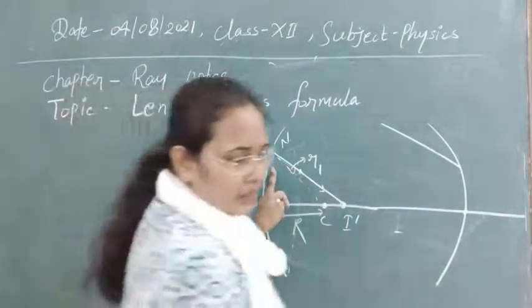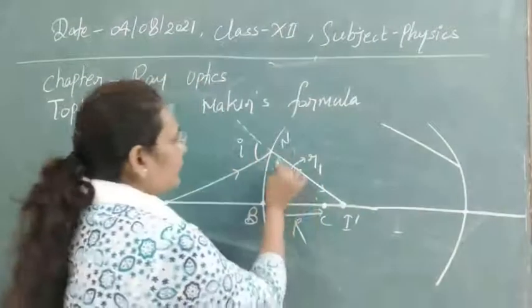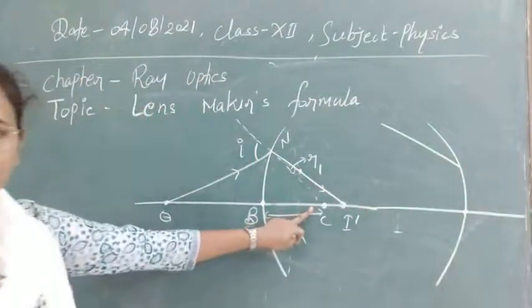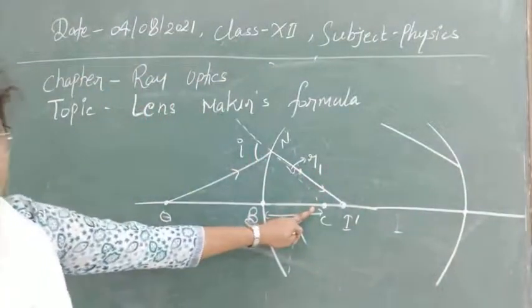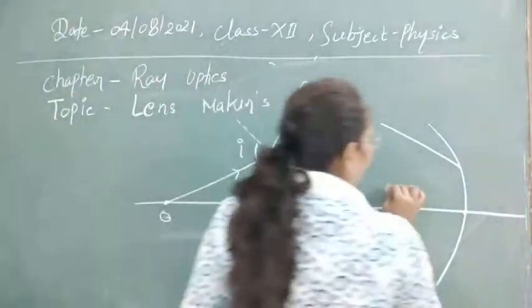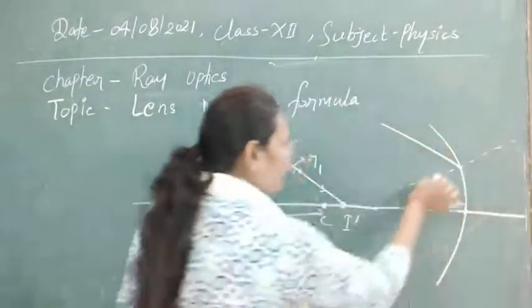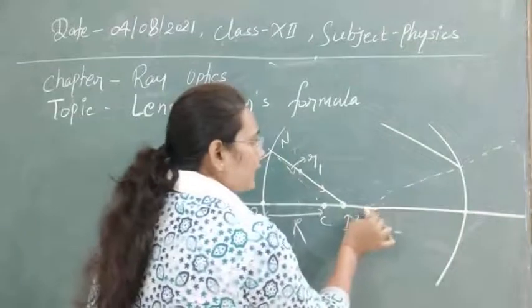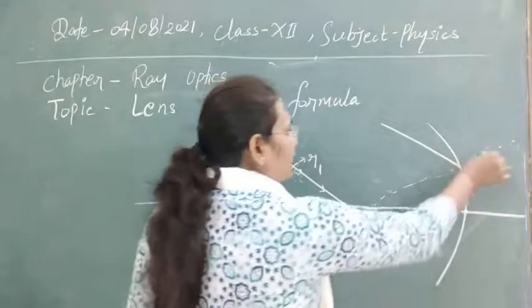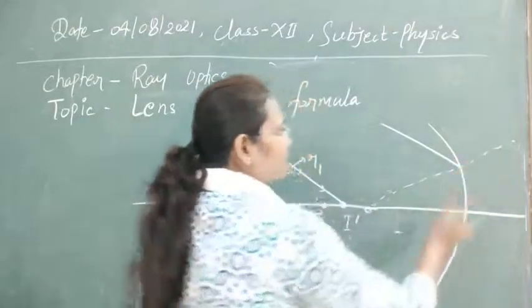Next, if we now draw the normal to this surface, because its center of curvature will now be on this side, you can draw the normal to this, and this is the center of curvature, this is the normal.